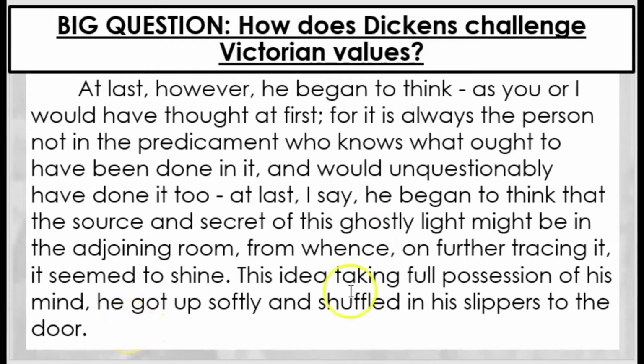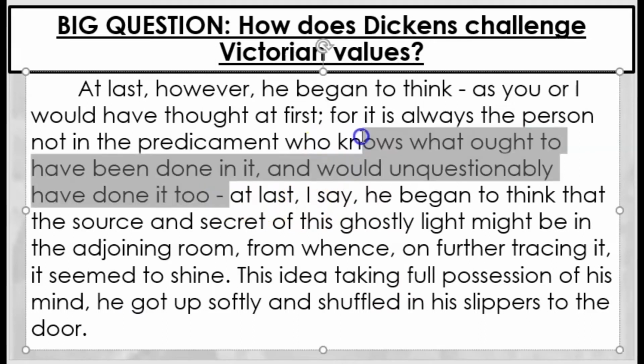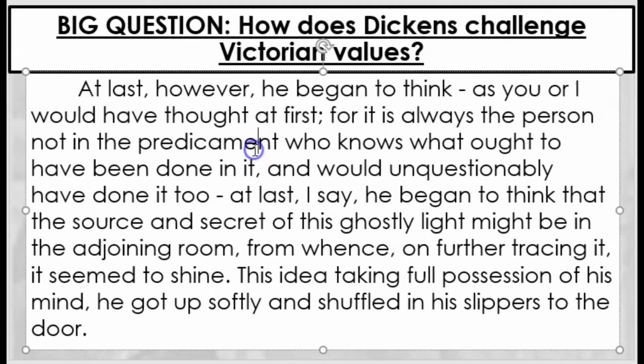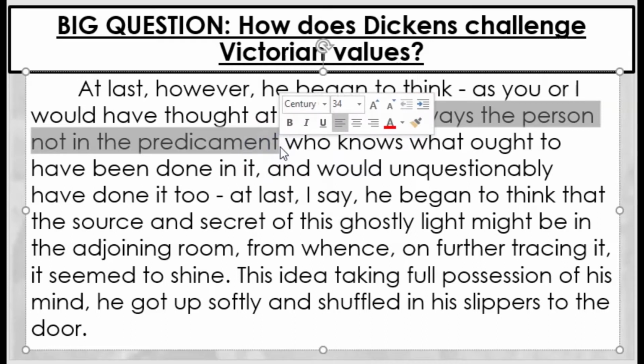So what's happened is Scrooge has realised that this light is actually coming from the next door room. And we get this nice use of an embedded subordinate clause. This nice long sentence here is the indirect free speech of the narrator stepping in, and again making a humorous observation that it's always the people who aren't experiencing something who always seem to know what should be done.